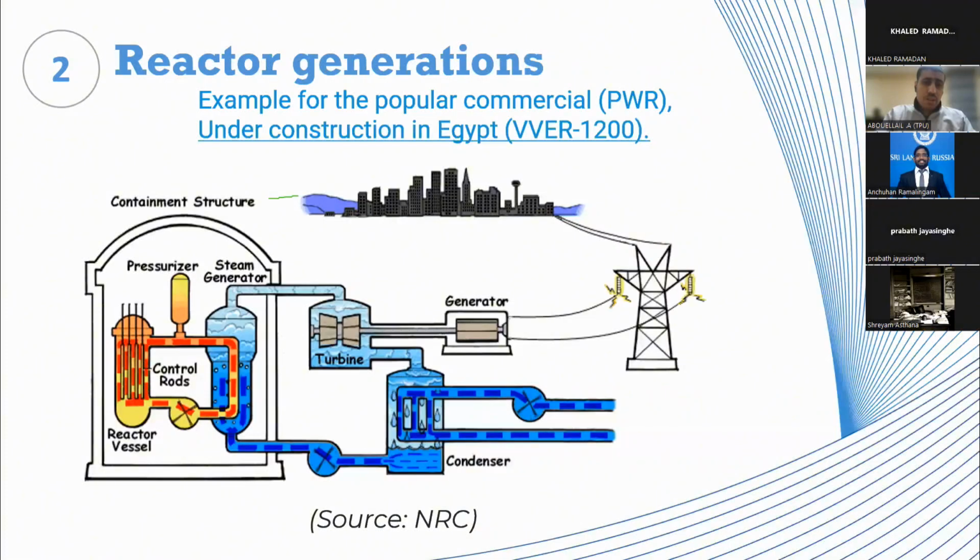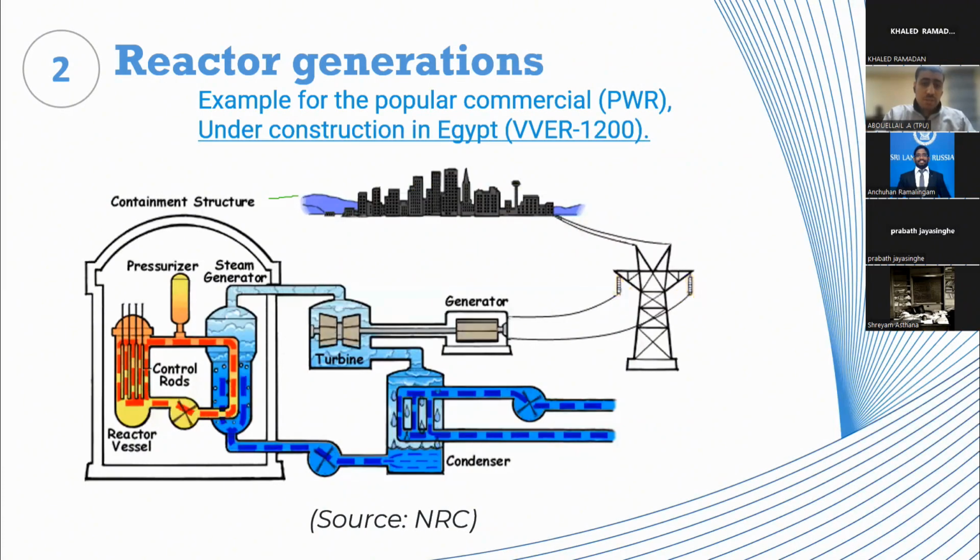This other reactor type is the PWR, the pressurized water reactor, and this is VVER 1200. In Egypt, they have made some progress at the work site, constructing 4 VVER 1200 units. Turkey also has VVER 1200 reactors under construction.